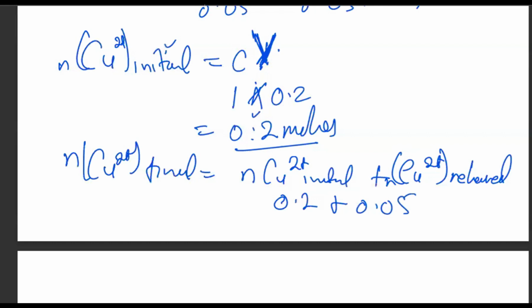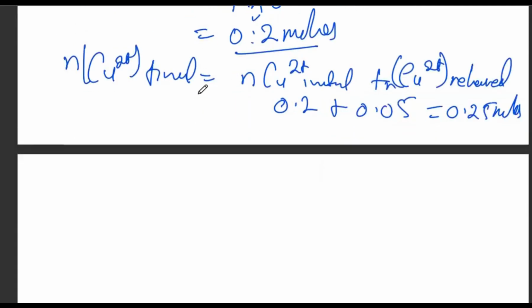0.05. Understand? Then now when I add, I'll be able to get 0.25 moles, meaning that this is the number of moles of copper at the final stage.